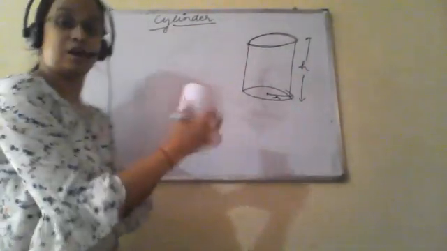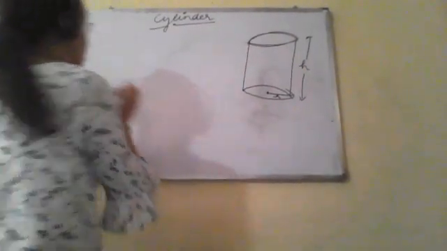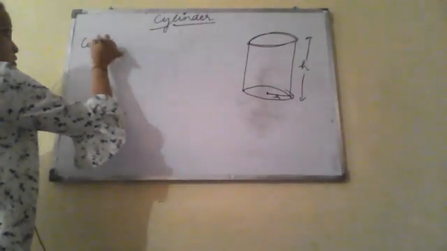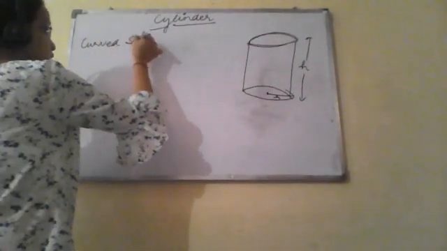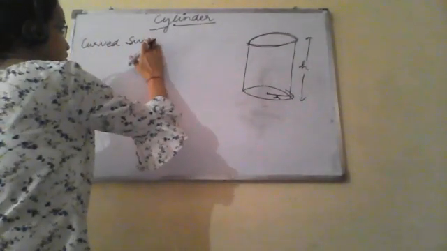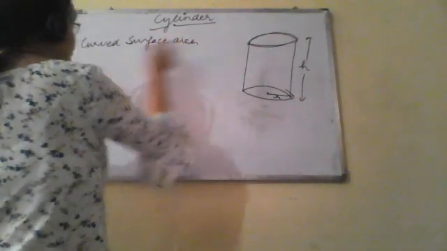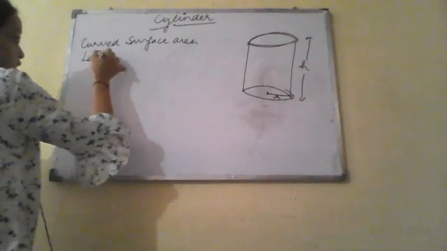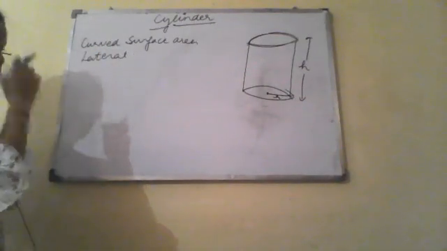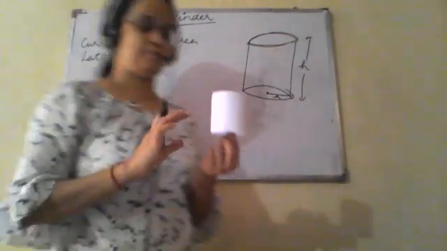Now it has a curved surface area. So first we see the curved surface area, which is also called the lateral surface area of the cylinder. How will we calculate the curved surface area?